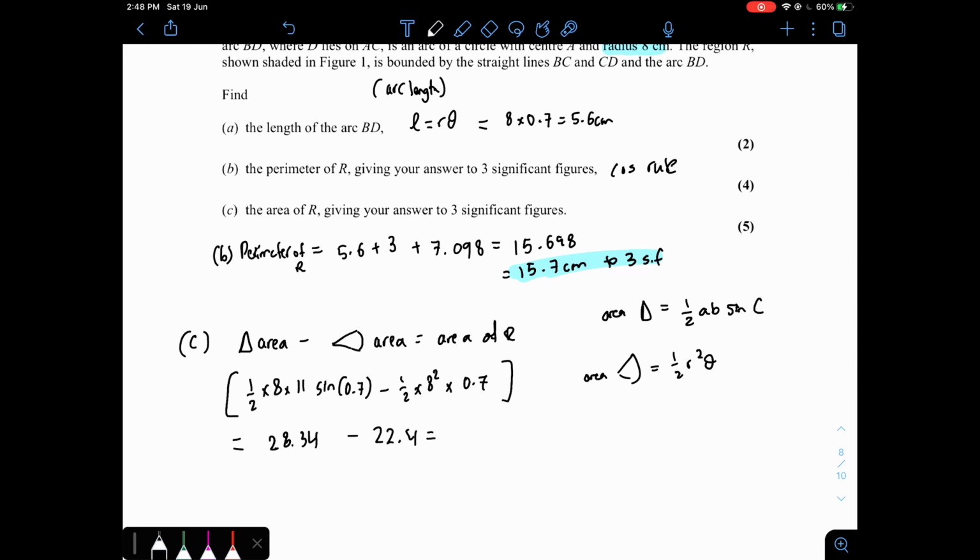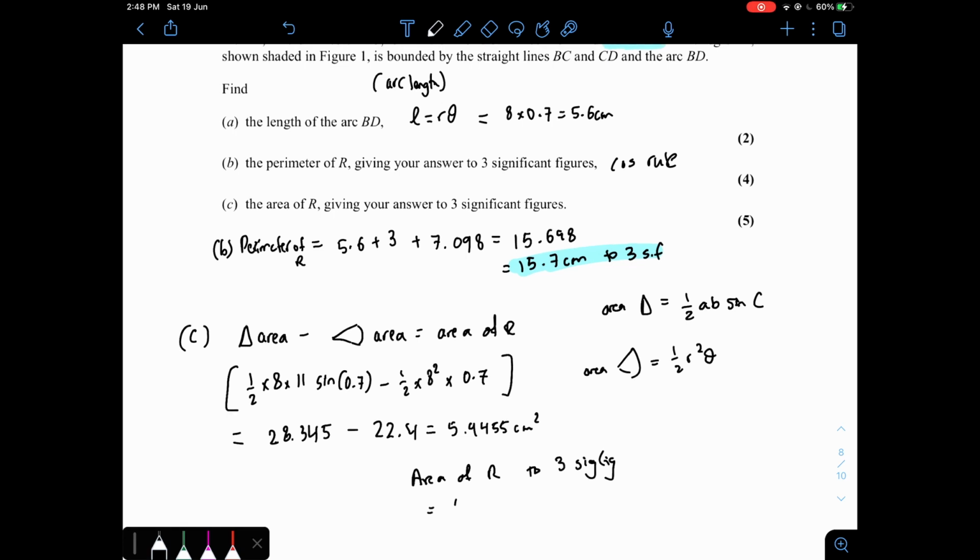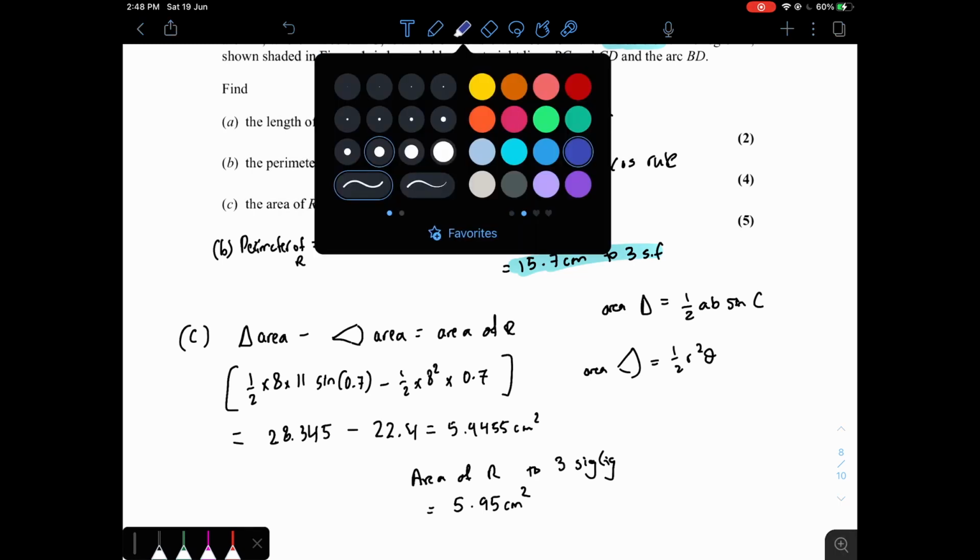So our final answer will be 5.9455 centimeters squared, and the area of R to 3 sig fig will be 5.95 centimeters squared. So that is the answer for C.